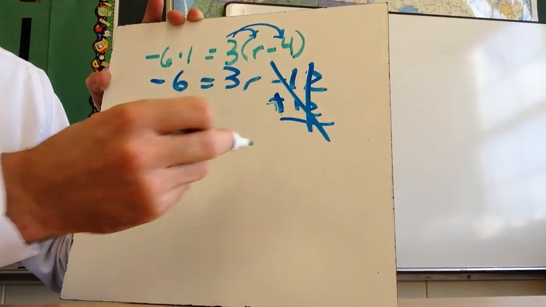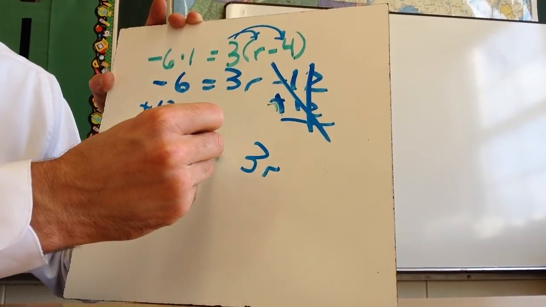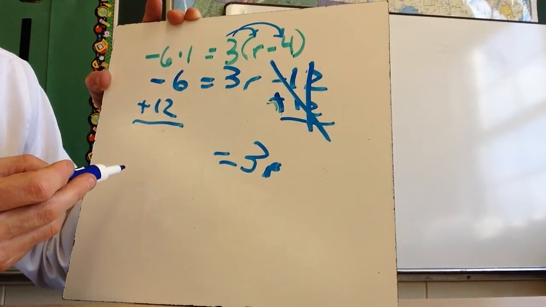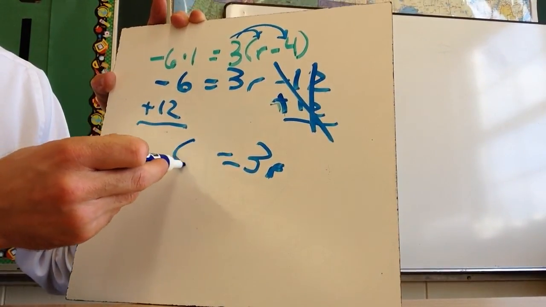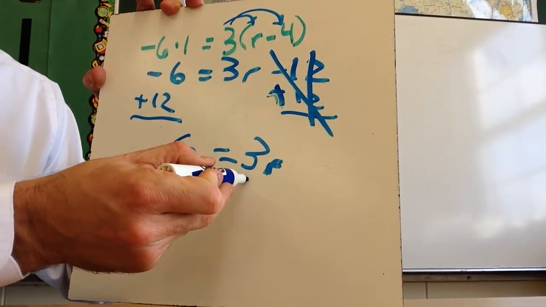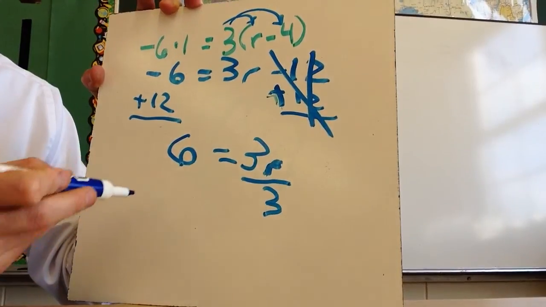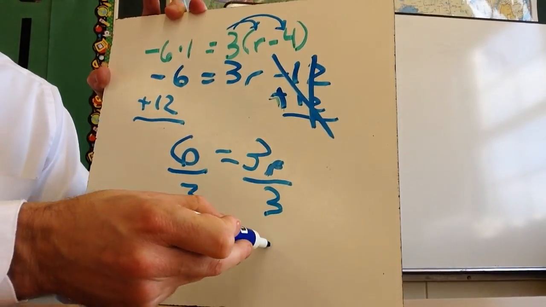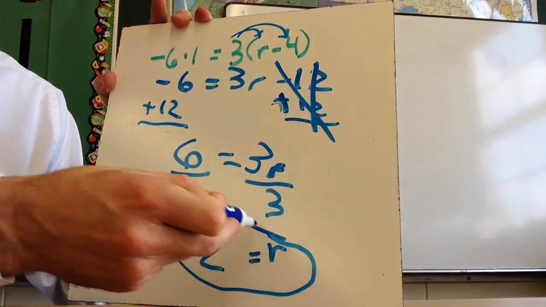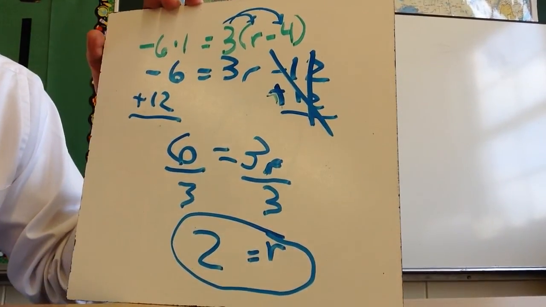This cancels out, so I'm left with 3r equals -6 plus 12, which is positive 6. Then, again, I'm trying to get r by itself, so I need to take the number that's in front of the r and divide both sides by it. And so r equals 2. So my final answer is r is 2.